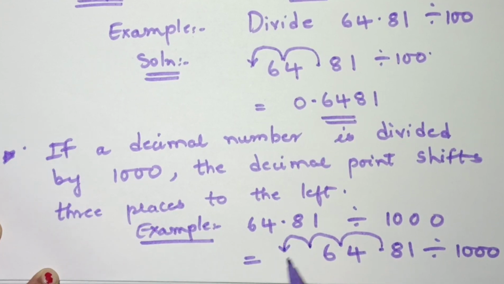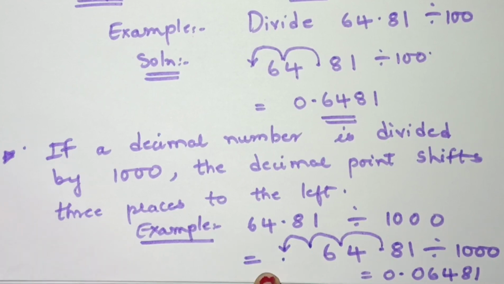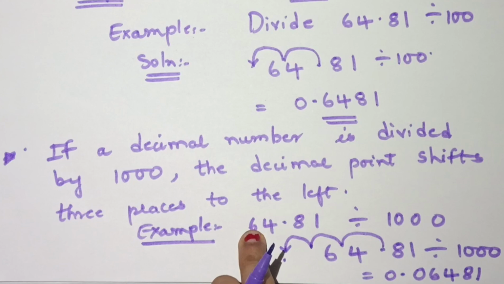Where you have put the arrow, that is your decimal point, and here you don't have any digit. It means it is considered as 0. Here you have to write the digit 0. So your final answer is 0.06481. So with these three methods, we can find how to divide a decimal by 10, 100 and 1000 mentally, that is by mental math.